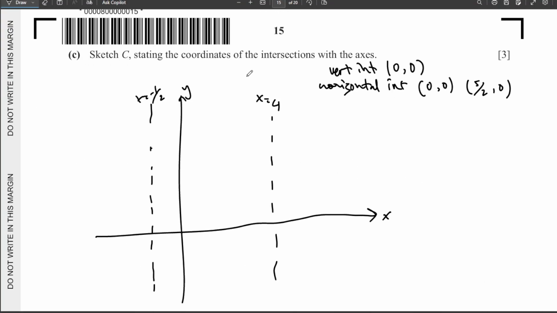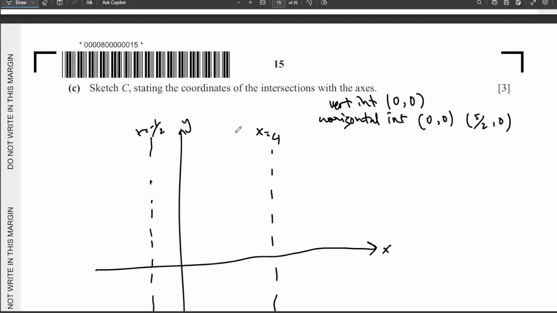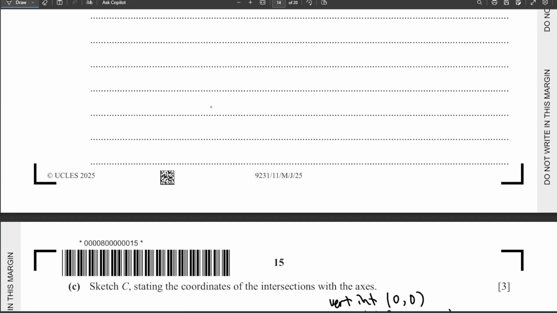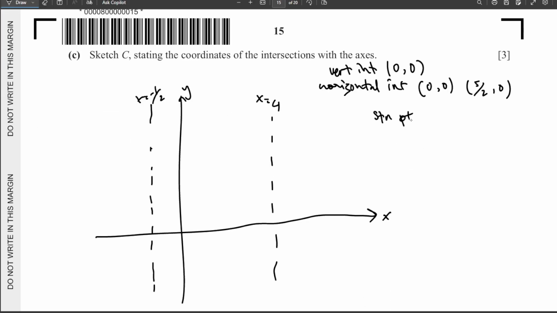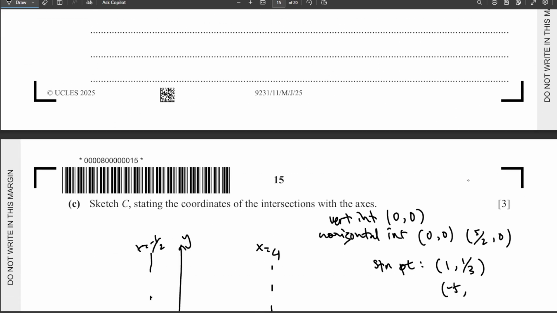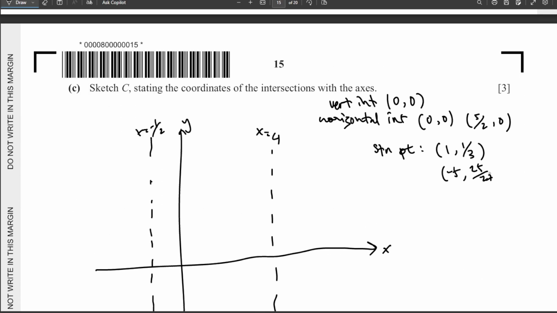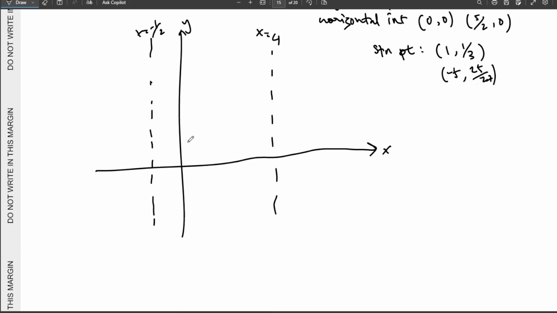Okay, so obviously you can try to plot the points, or you can test some values, right? Because we know the stationary values. Maybe also note the stationary points, you have 1, 1 over 3, and minus 5, 25 over 27. So from a stationary point, we can kind of guess what type of shape it will be.